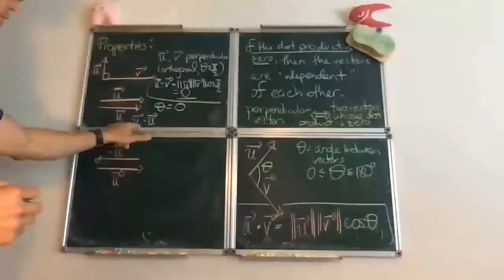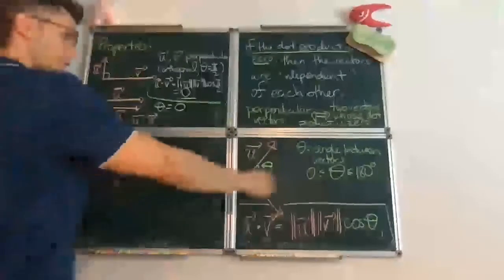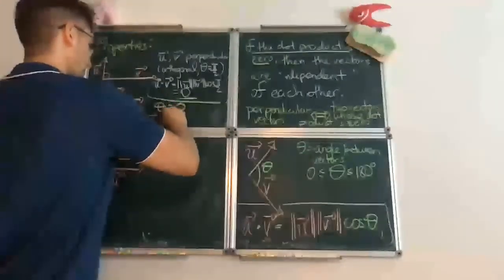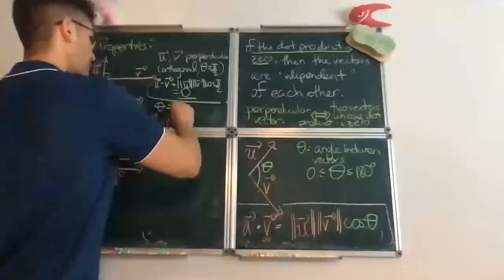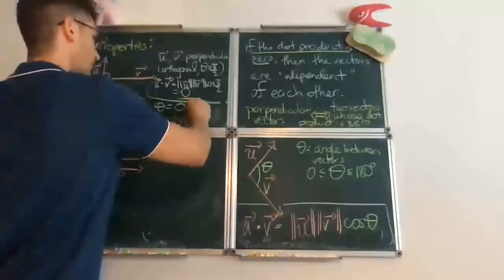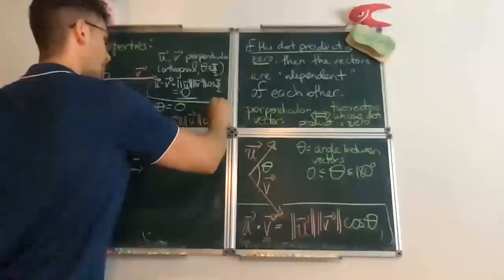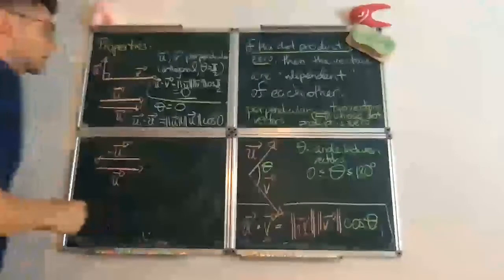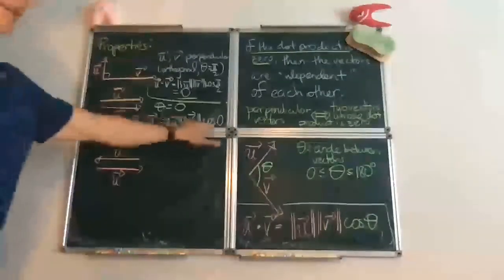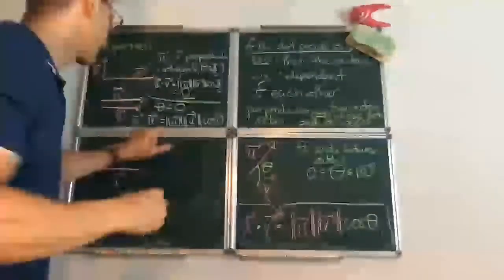The dot product of a vector with itself, if you follow this formula, will be the norm of u times the norm of u times cosine of the angle, which is 0. Cosine of 0 is 1. So you get the norm of u squared.